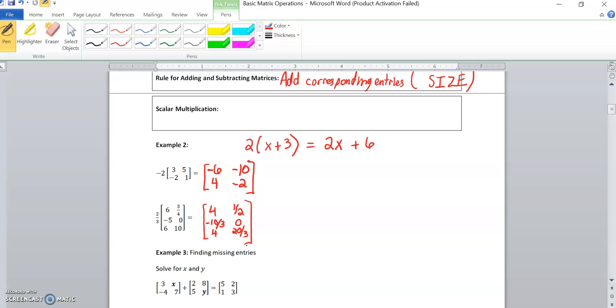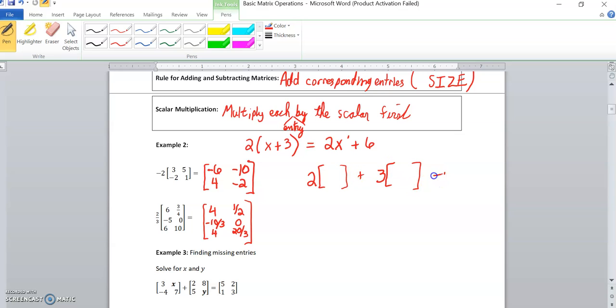So in general, our rule here is to multiply each entry by the scalar first, because we may have 2 times a matrix plus 3 times another matrix, and we may be asked to solve something like that.